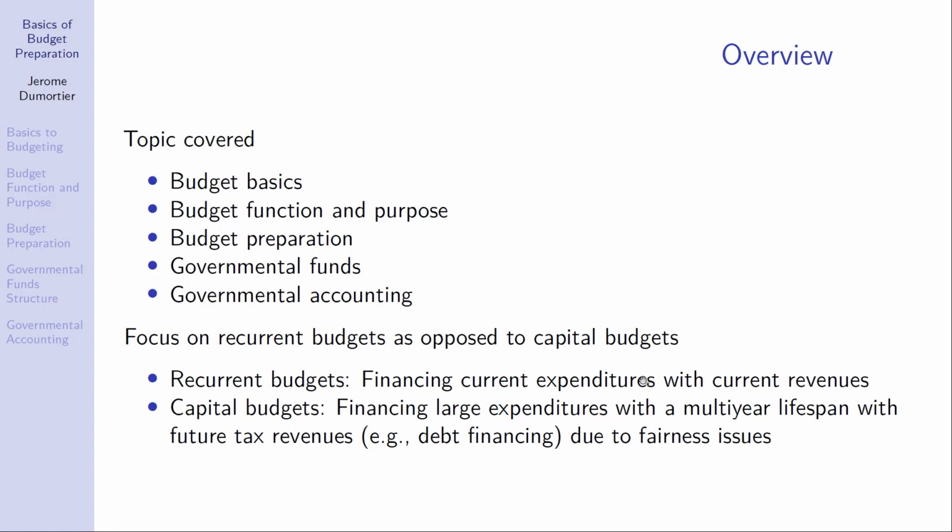budgets. Recurring budgets are financing current expenditures with current revenues. Capital budgets is the financing of large expenditures with multi-year lifespan with future tax revenues due to fairness issues.